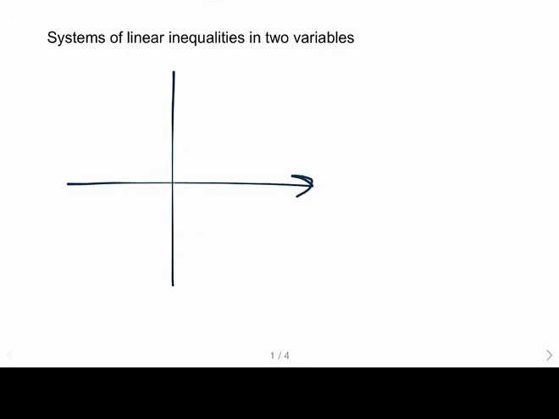Suppose we have a coordinate plane here, x and y, and let's say that the x-axis is going to represent the number of boys that are going to go on an elementary school field trip, and the y-axis is going to represent the number of girls that are going to go on this field trip.